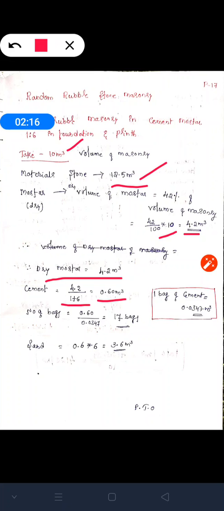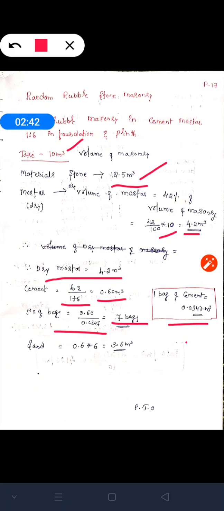This is in meter cube, but we should calculate the cement as a number of bags. One bag of cement has a volume of around 0.0347 meter cube. Therefore the number of bags of cement equals 0.6 divided by 0.0347, and we got the total number of bags at around 17.